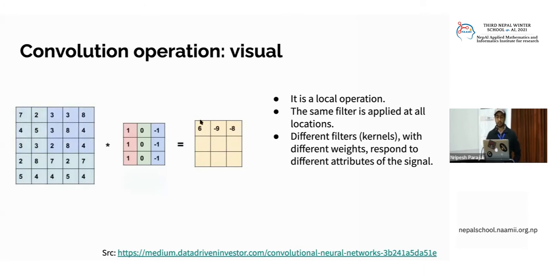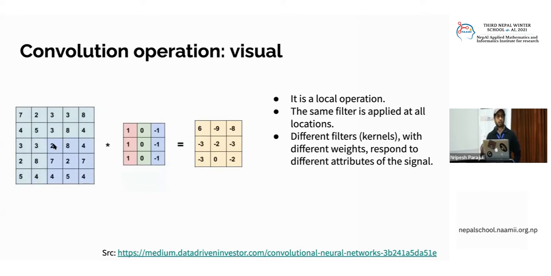The very first output, 6, in the top left, can you see my cursor? Yes. It is not influenced by this 4 down here, or this 5, or these 8, 4, 7s down here. This 6 is influenced only by 7, 2, 3, 4, 5, 3, and 3, 3, 2. Does that make sense?